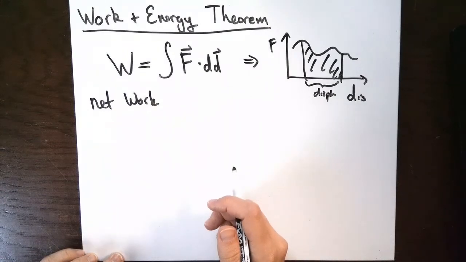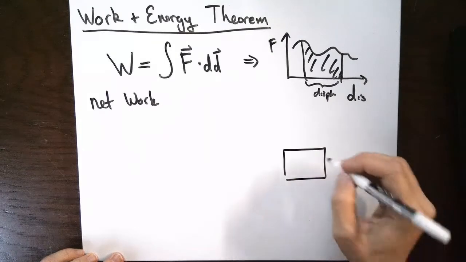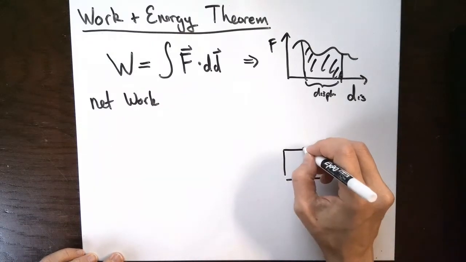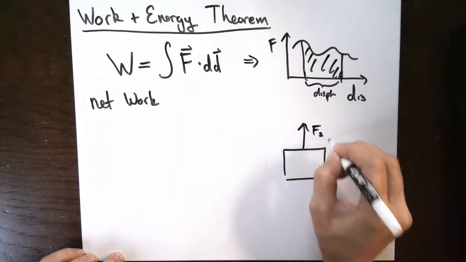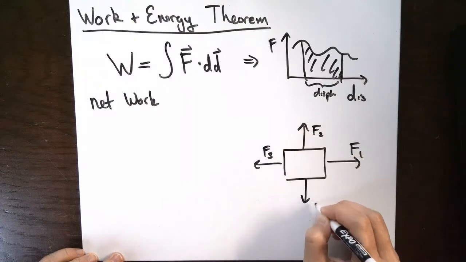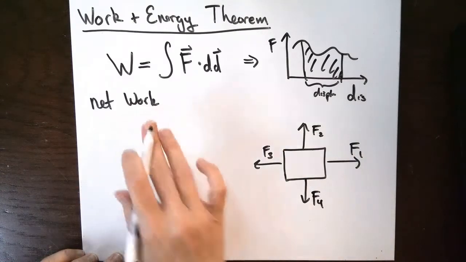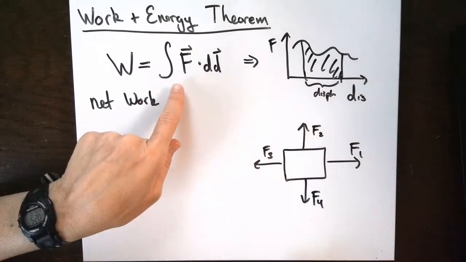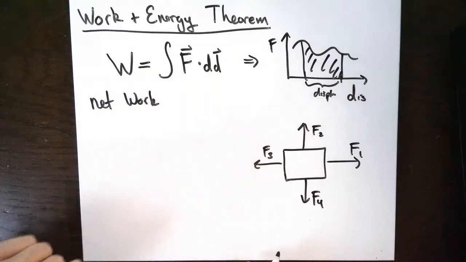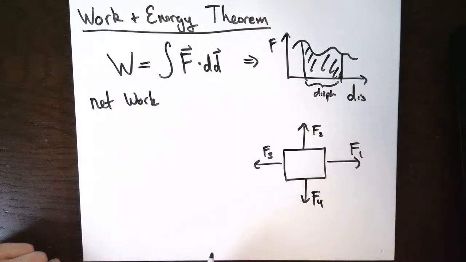a particular object. So if, for example, you've got some little block here and it has a force, we'll call it force 1, pointed that way, and another force pointed that way, and another force pointed that way, and a fourth force pointed that way. So forces all over the place. For each of these forces, we could plug into this work equation and look at its displacement, how it compares to the displacement, how this little block is traveling.